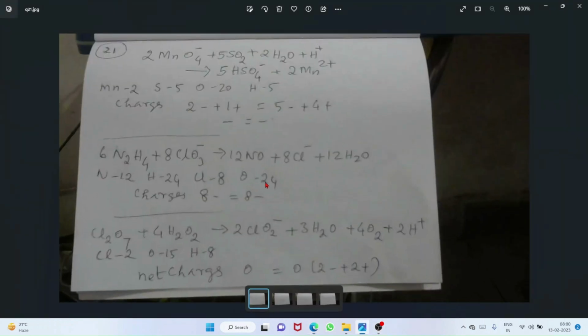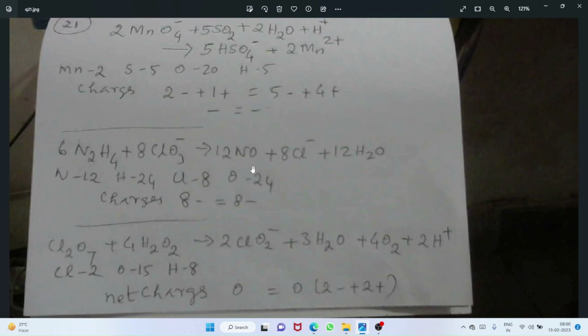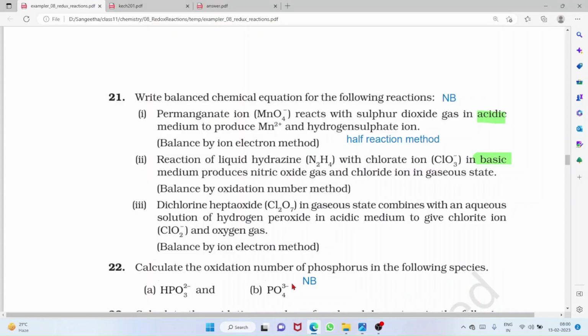Okay. Now this is that equation. Ion electron method, oxidation number method, and ion electron method. This is the final balanced equation. So you can write down this equation and you can try yourself using that book example. The acidic medium, this is a basic medium.